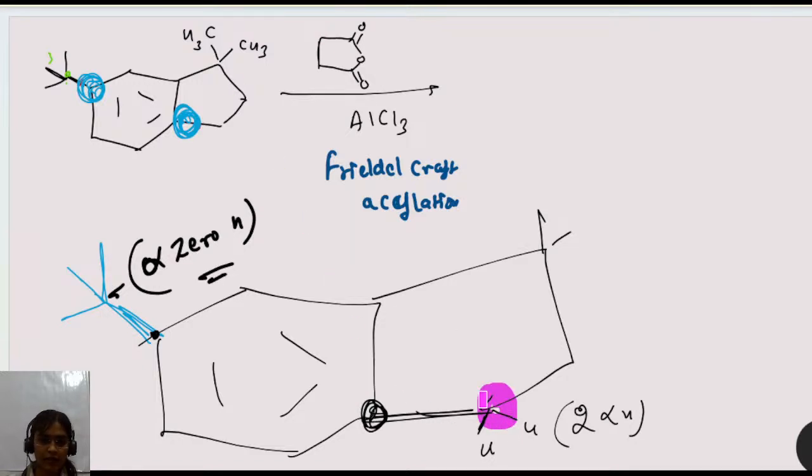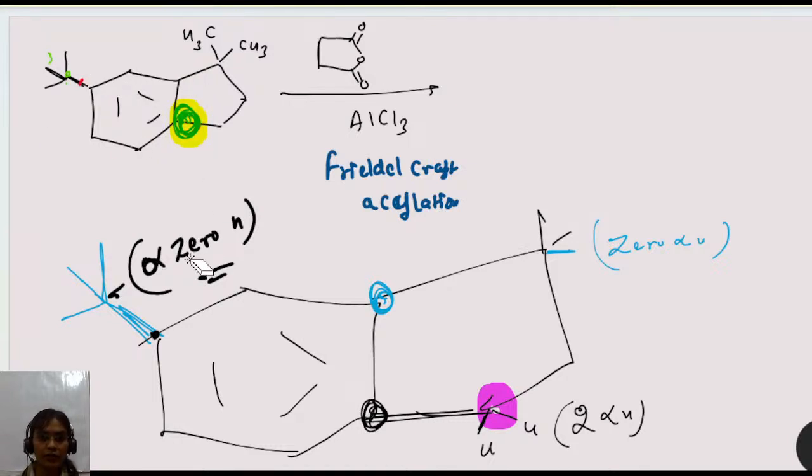This is the deciding factor, point number one. Now maybe you will ask, ma'am, why not this? With respect to this point, observe everyone. Again, this is zero alpha hydrogen. So everyone, is this point clear for everyone? This is the deciding factor here. This is the point that is going to decide the ortho position, para position, or meta position.